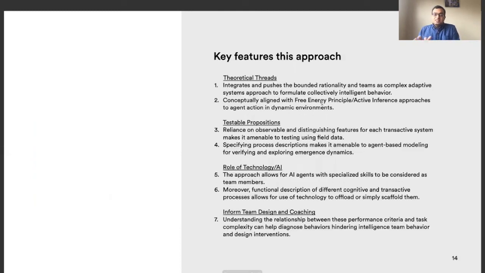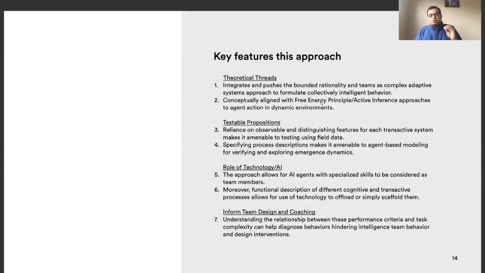While there are many key features that would themselves be good to discuss, I want to highlight one in particular. That's the role of technology, of AI. The way we are framing this approach, it does not preclude AI as agents. So you can have specialized AIs that are really good at specific skills and be accounted for as members of this team and can be used to coordinate.